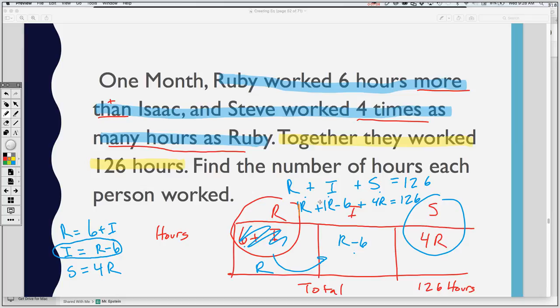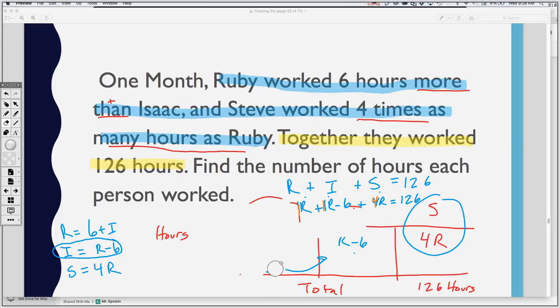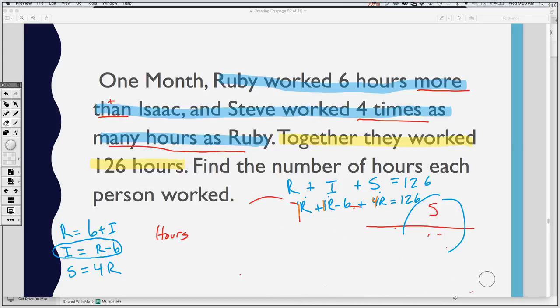All right. So let me erase this so I have some room. Okay, so this is going to be 6R. What do I write now? What didn't I touch?